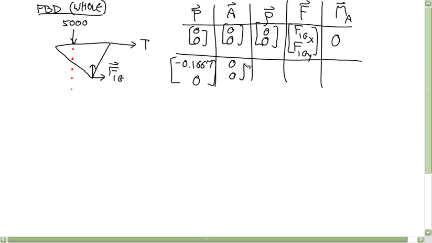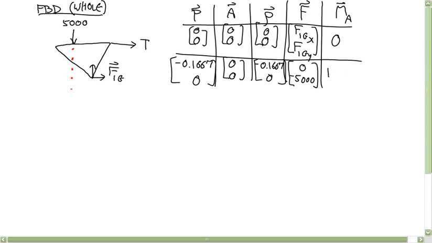About point is here. So rho is 0.1667, 0. The force is 0, negative 5,000. So the moment is a sixth of 5,000, which is 1666. Is that right?